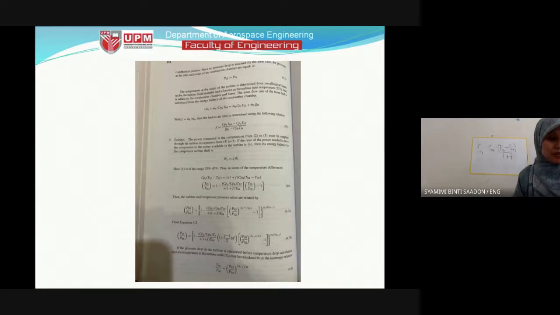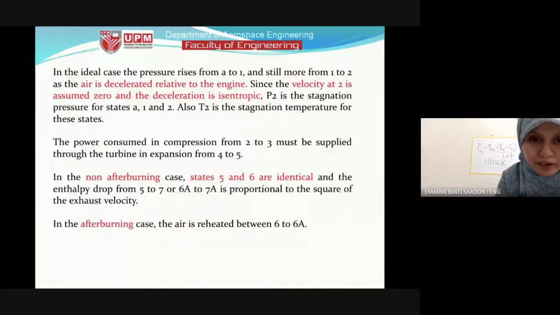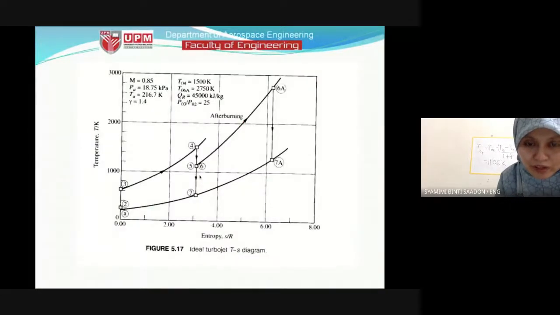So T total 5 is 1106 Kelvin. There is no afterburner, it's not stated here, so we assume point 5 and point 6 are the same.